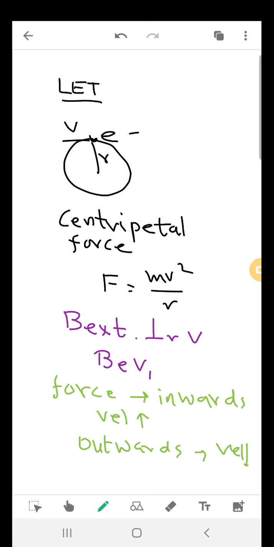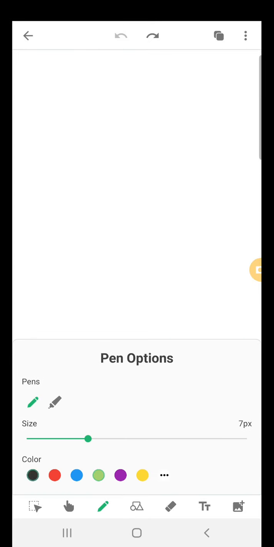Suppose this is the force that we are getting due to the magnetic field, and it is directed towards the center. Then we get a total force along the radius.